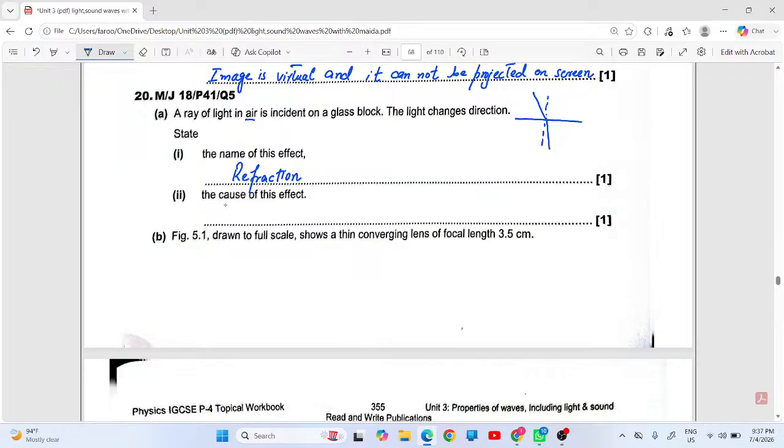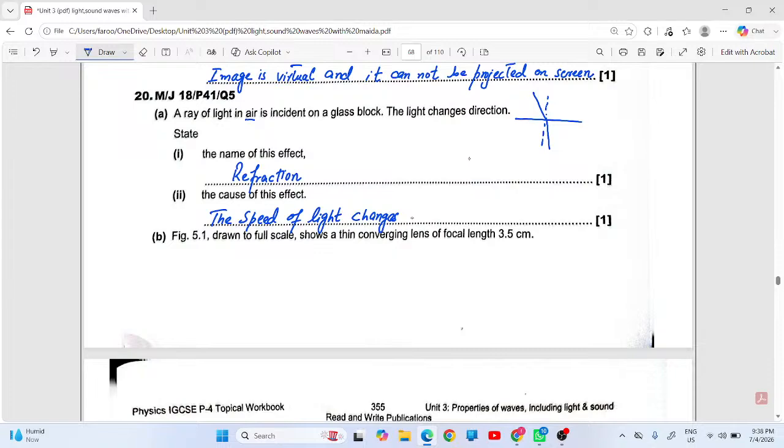Okay, the cause of this effect is the light changes its direction. तो इसकी cause, इसकी reason क्या है? Because the speed changes. The speed of light will change as it moves from air to glass. जी बच्चे, तो हम लिखते हैं the speed of light changes.